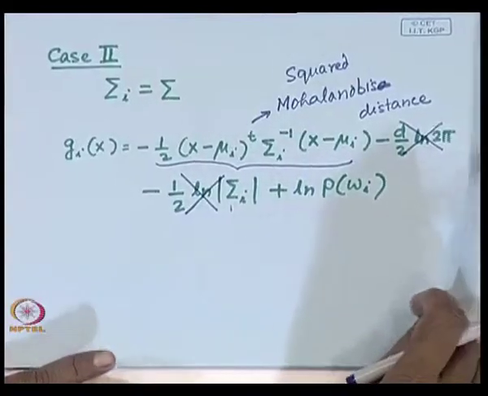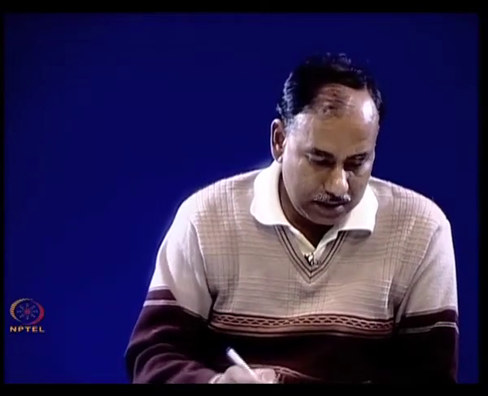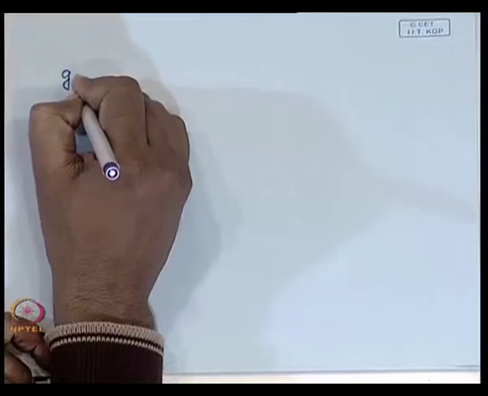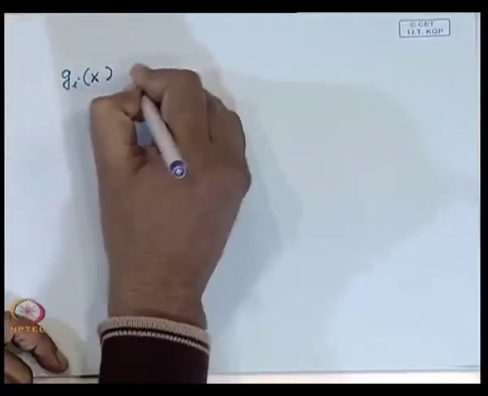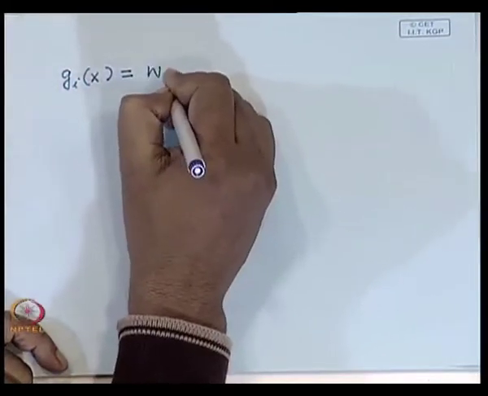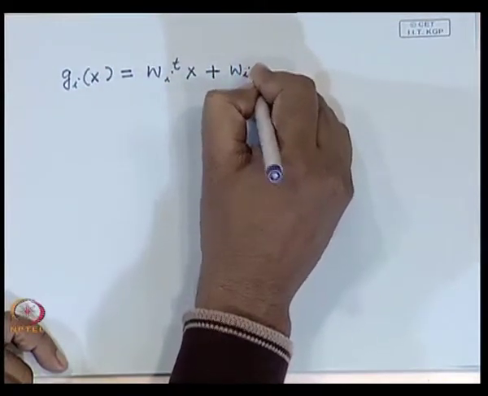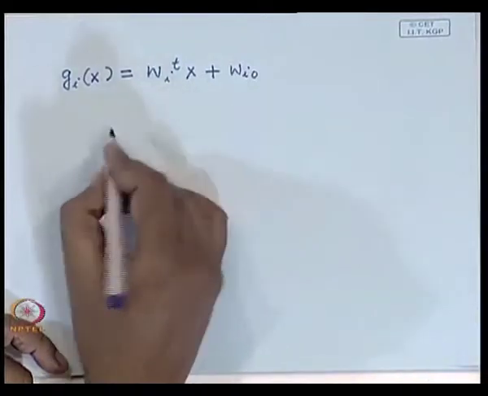As we have done before, if we simply expand this term, then again we will find that the discriminant function g_i(x) will be of the form w_i^T x + w_i0.